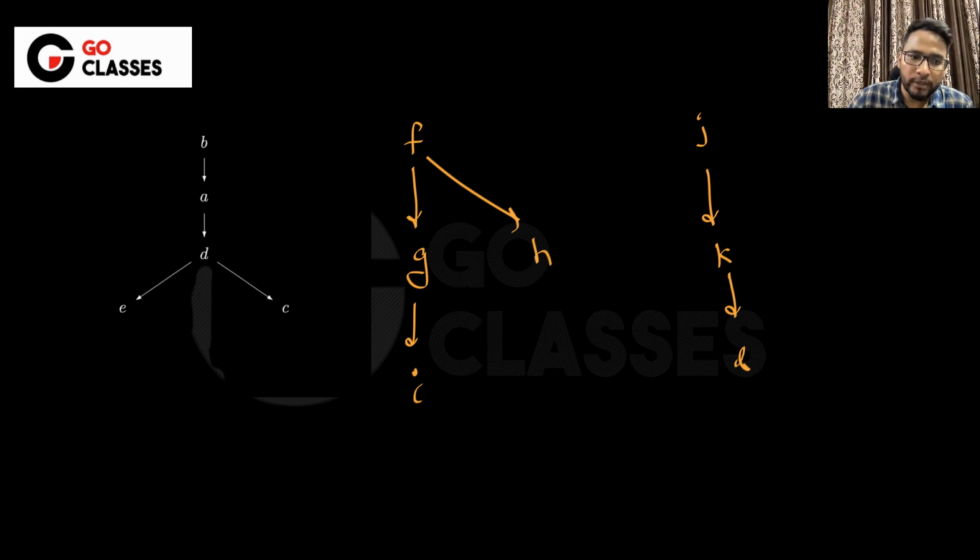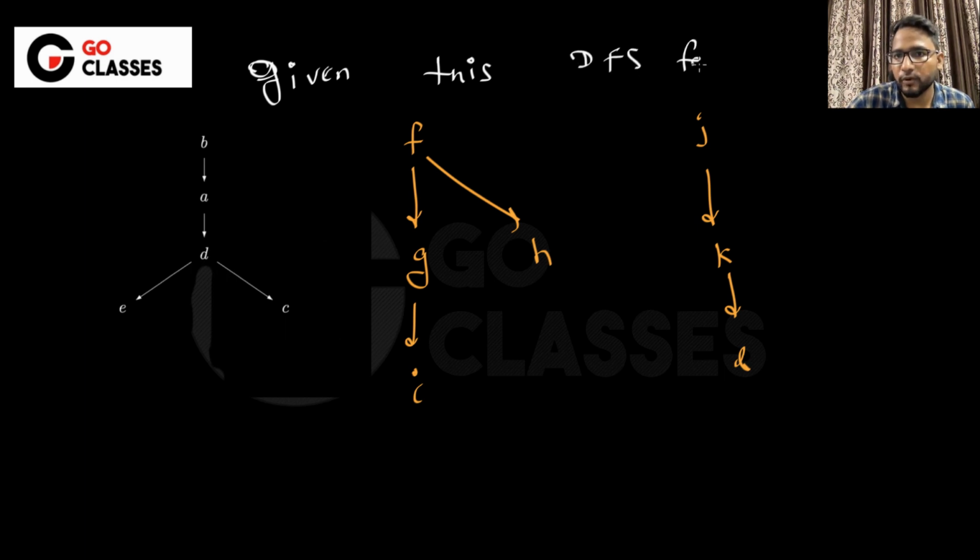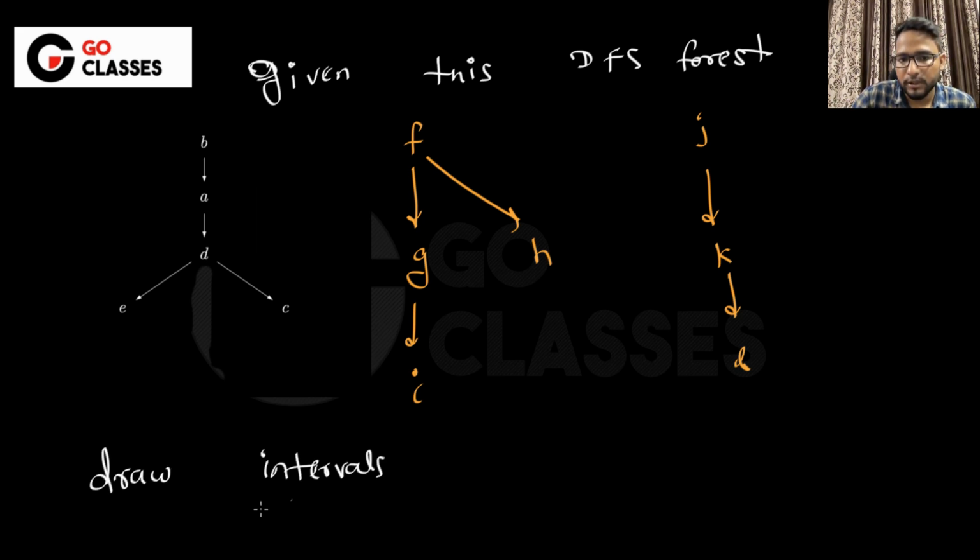What you will do is make different intervals, since you cannot tell the exact time because it is just relative. You do not even need to tell the exact time. Let's suppose the question is: given this DFS forest, draw intervals. Can you do it? I think you can do it easily.